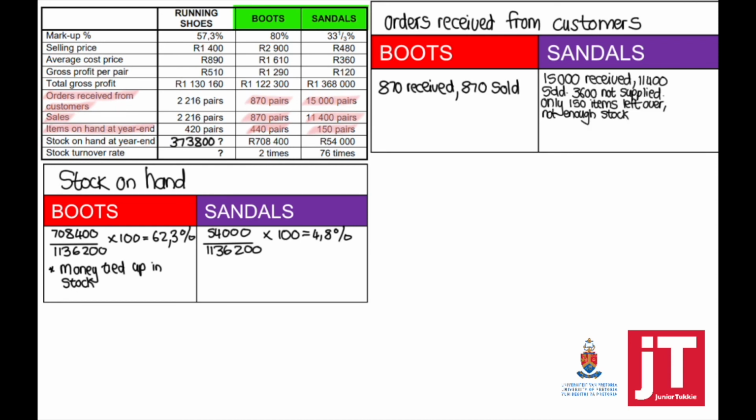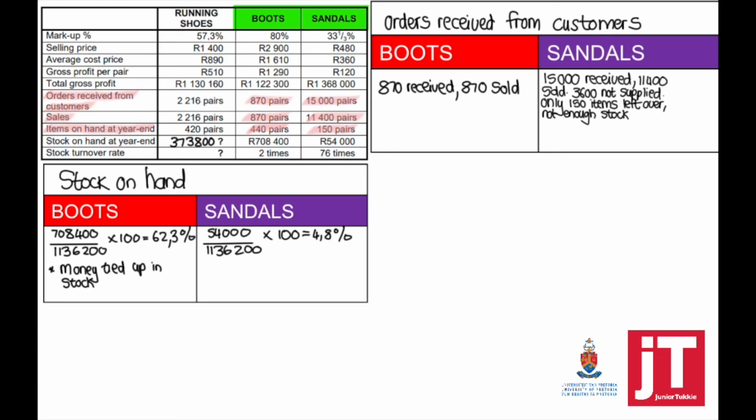Compared to, if we look at our sandals, 15,000 pairs were ordered by customers. Our sales was 11,400, and we only have 150 left over. This means that we do not have enough stock. We were not able to meet the demand of the customers.